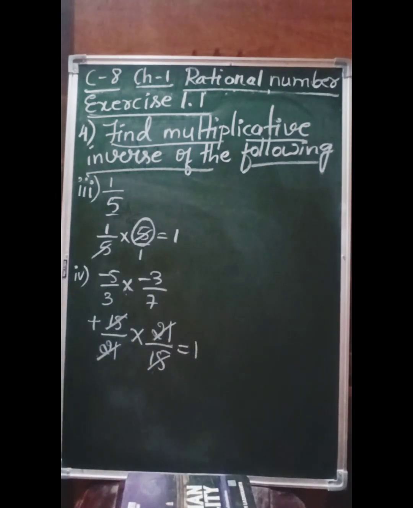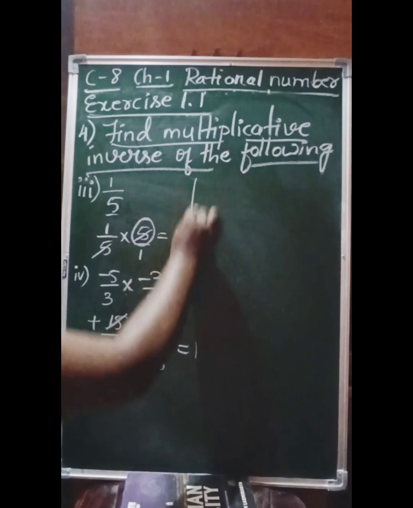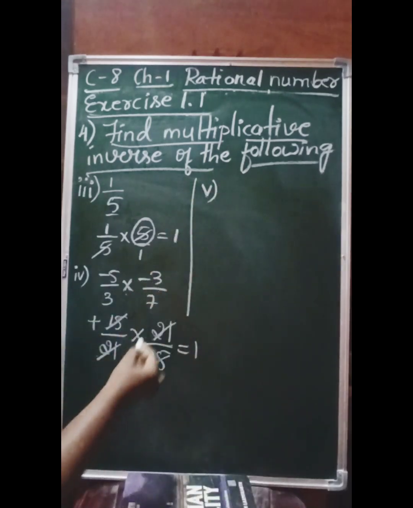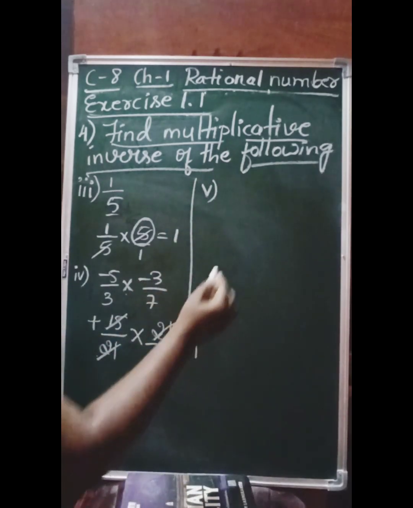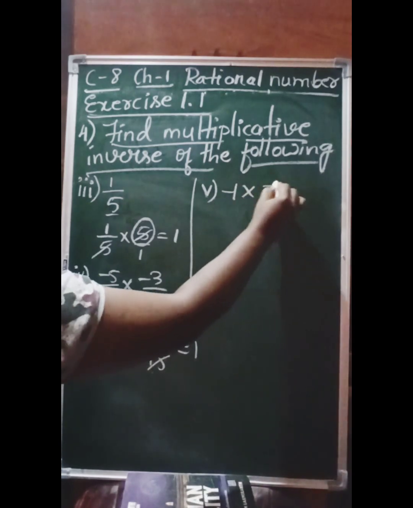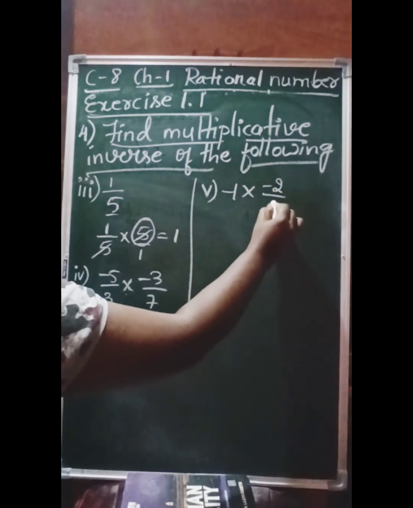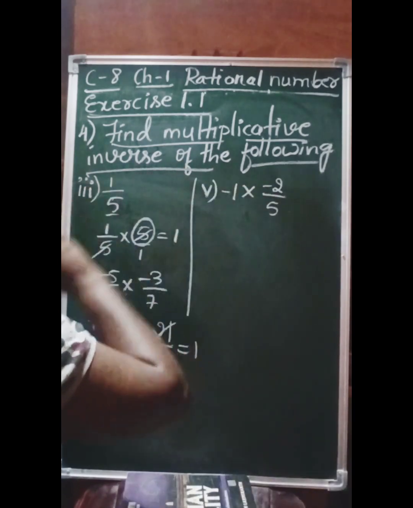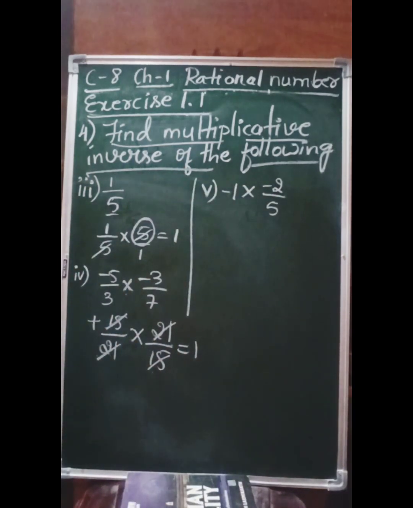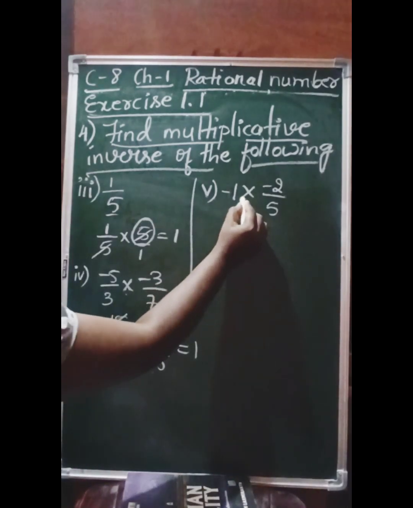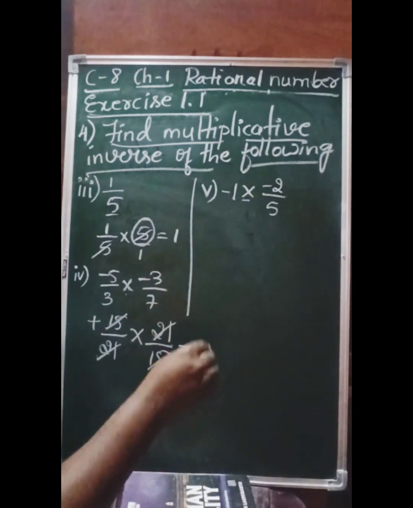Clear? Now come to the fifth problem, that is minus 1 into minus 2 by 5. Here also, to confuse you, they gave it like this. Here also don't worry about the symbol they gave, just solve the problem according to it.